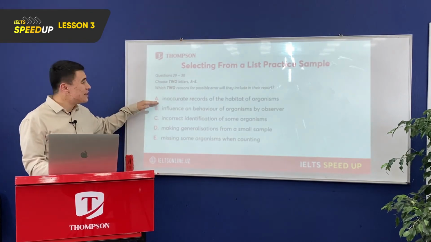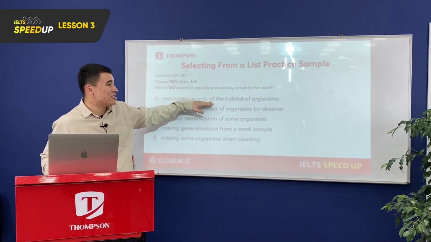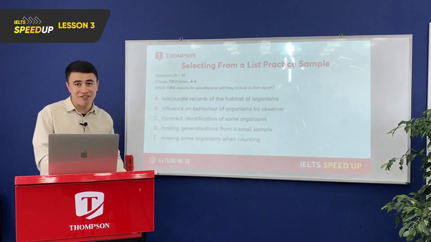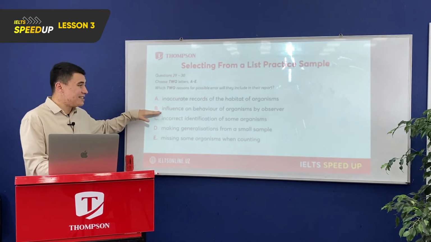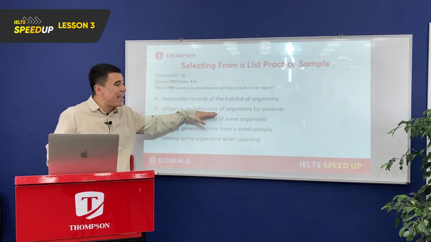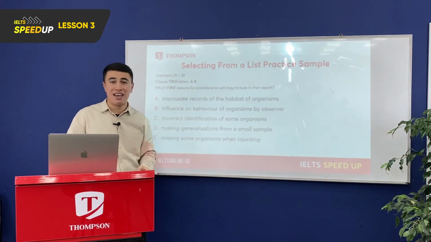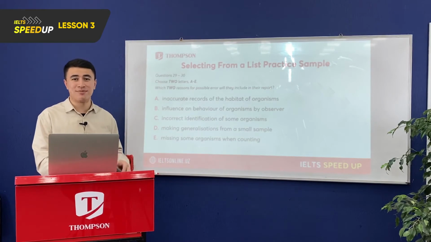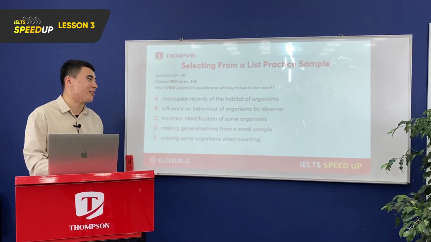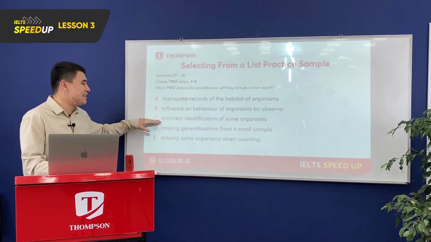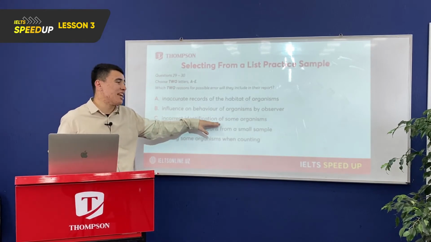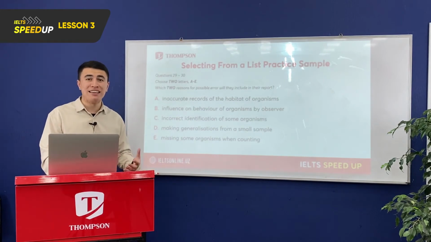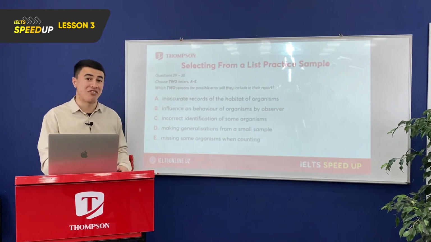Okay, A. Inaccurate records of the habitat of organisms, so living area of organisms. Next, influence on behavior of organisms by observers, so person who is observing these organisms may affect these organisms. And C is incorrect identification of some organisms. They may identify certain species incorrectly.